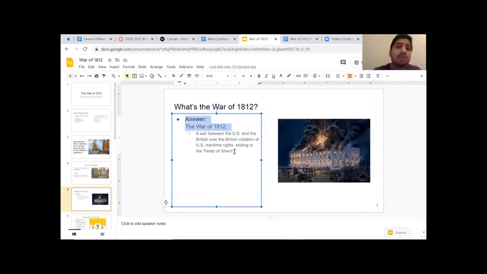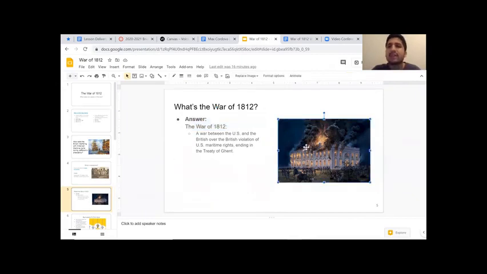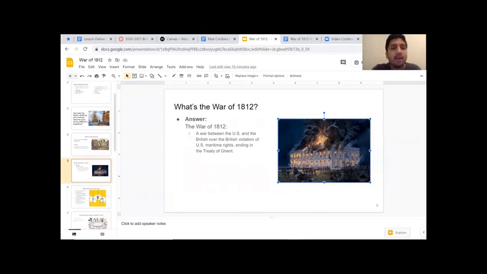It's a war between the US and the British over British violations of US maritime rights, ending in the Treaty of Ghent. Just a quick little summary. And here's another visual aid. I would ask students what they see, and someone would say it's the White House, and they see it burning. That's one of the main things that comes to mind when you think about the War of 1812.